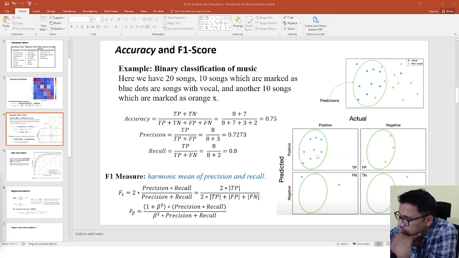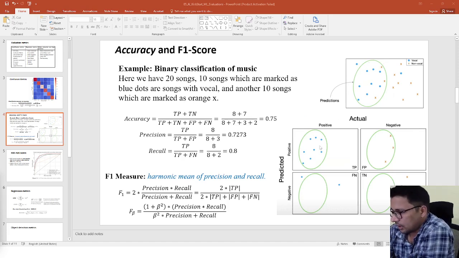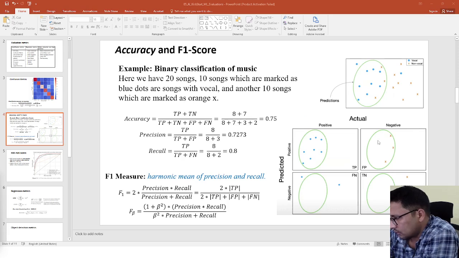For example, these are the samples, and excluding three samples, all the samples in this region are true positive samples, and these three samples are the false positive samples, right? Because false positive means the model treated these samples as vocal, but actually these are non-vocal samples, right?